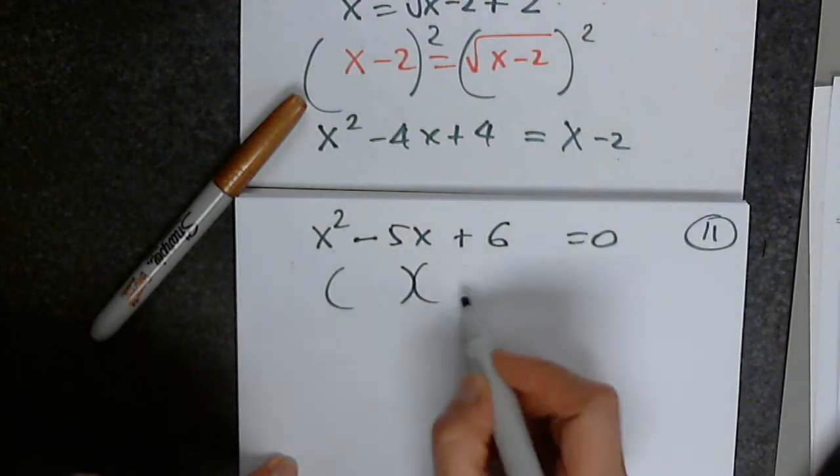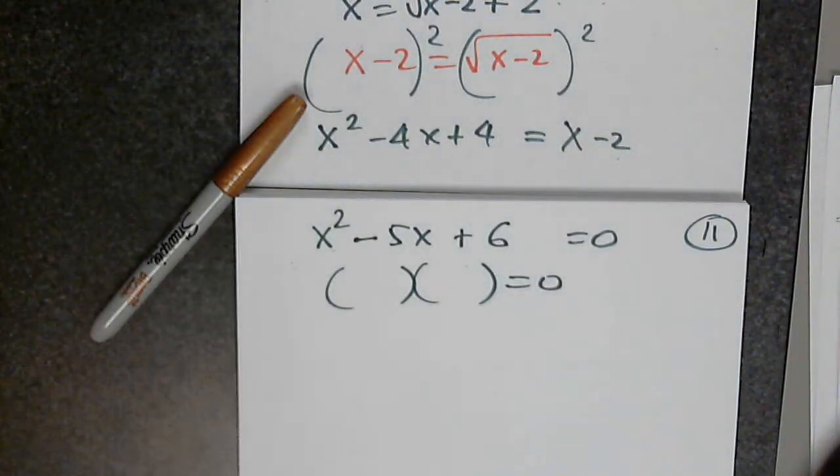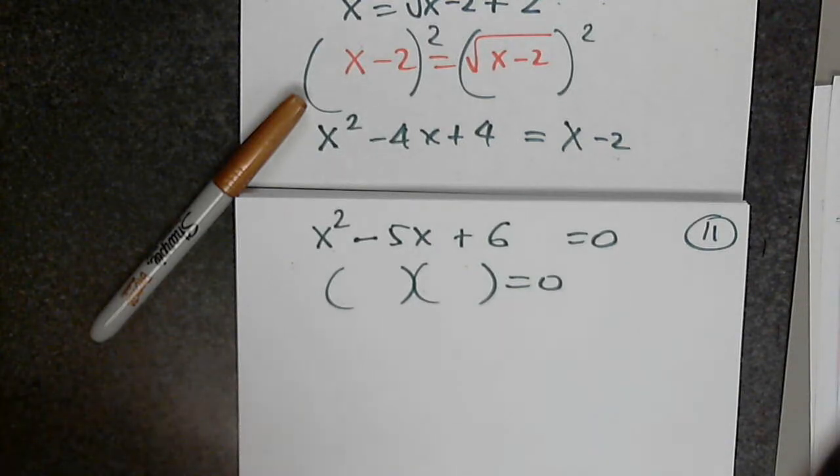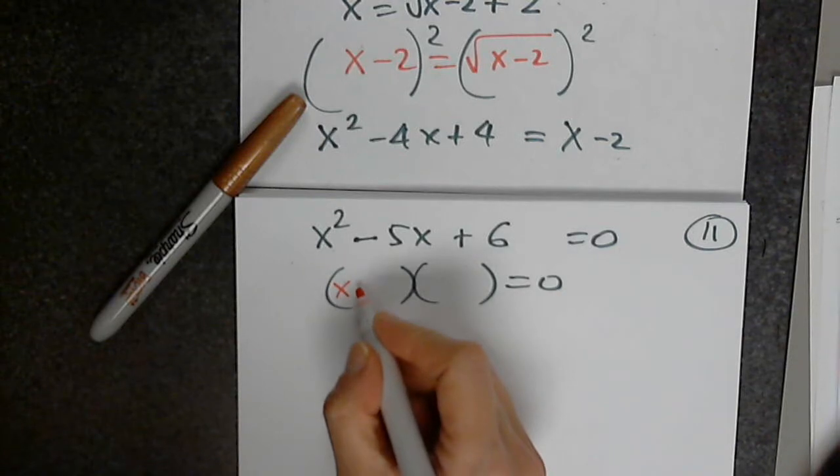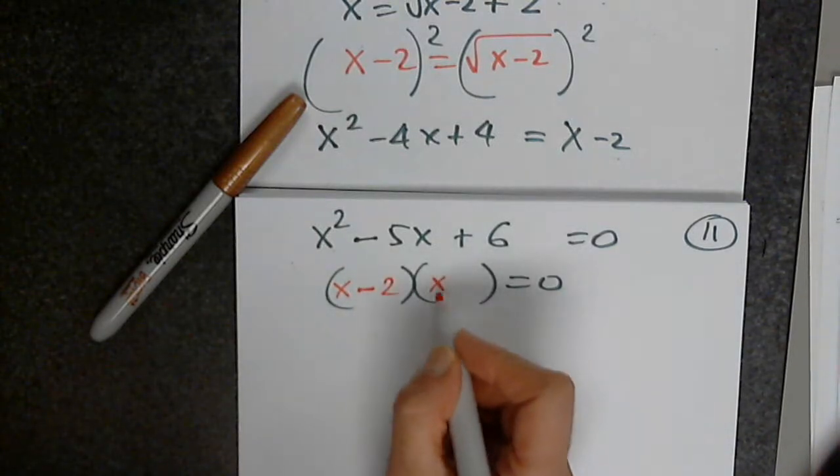Very good. Since the leading coefficient is 1, if this polynomial is factorable, it should not take a lot of time. So x minus 2 and x minus 3.